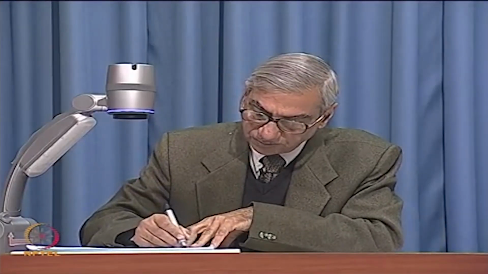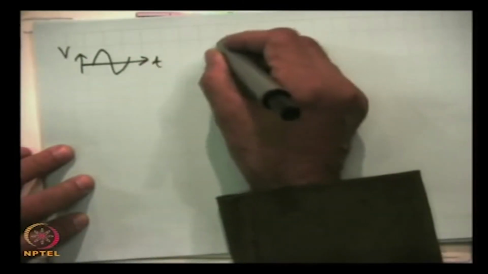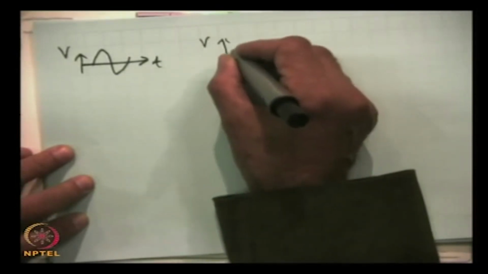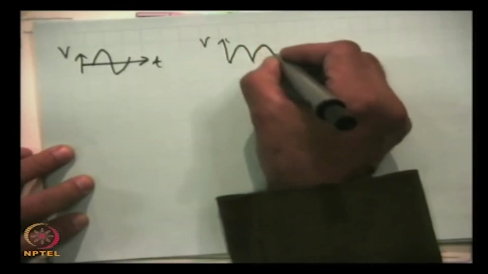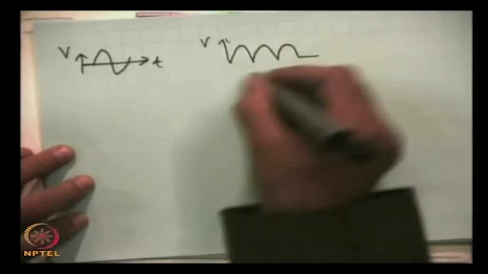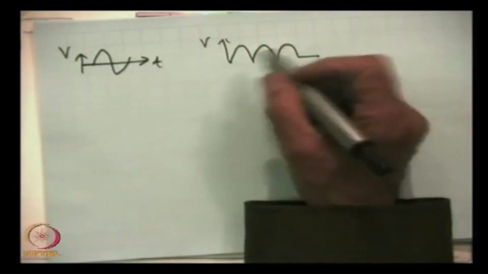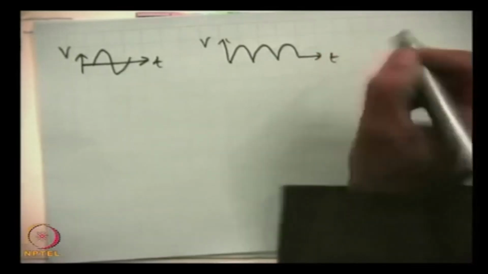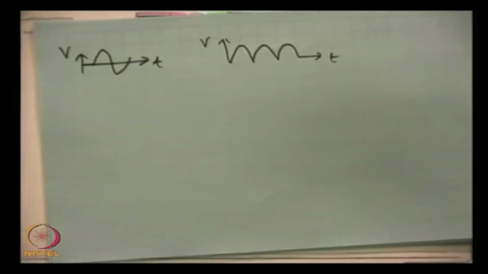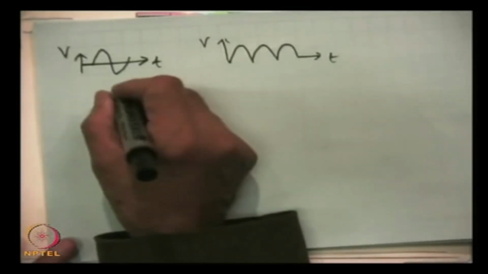When this is the input, for this input the output will be now, and so on. This will be the output. For obvious reason, this is called a full wave rectifier.